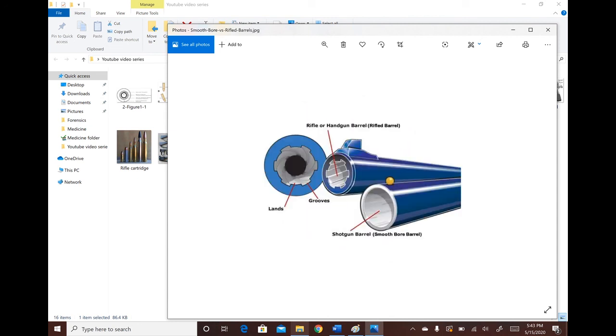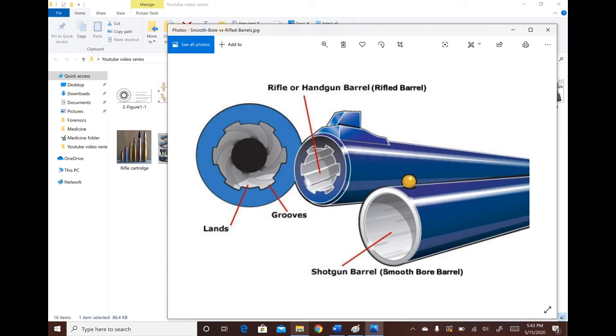So this is the inside of a shotgun and a rifle. In a rifle, like I said, there are the lands and the grooves. The inner part is known as the land, and the outer part is known as the groove, as you can see. Then there is the shotgun, which is very smooth.